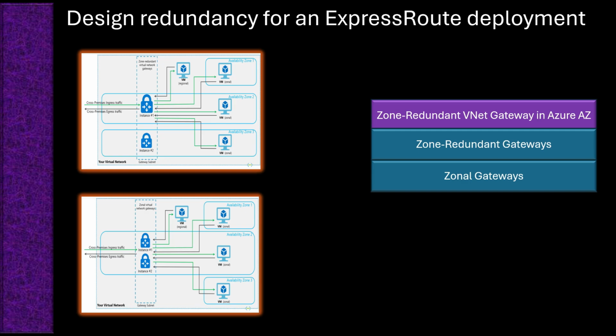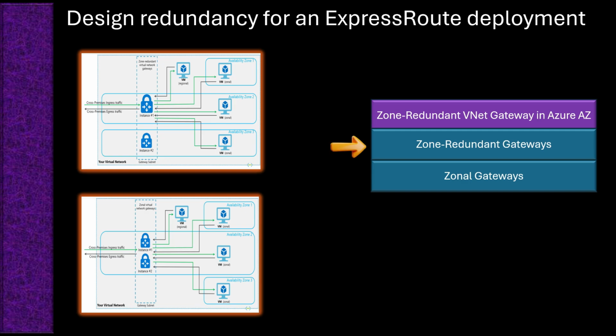Using Azure availability zones, you can enhance the resilience of your VPN and ExpressRoute gateways by deploying them in physically and logically separate zones. This approach adds robustness and reduces the impact of zone level outages. There are two types of gateways available for availability zones. They are zone redundant gateways and zonal gateways.